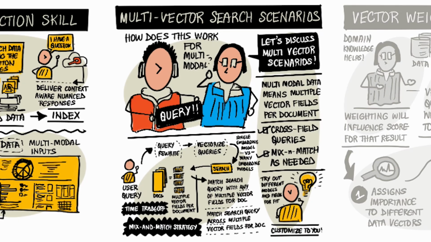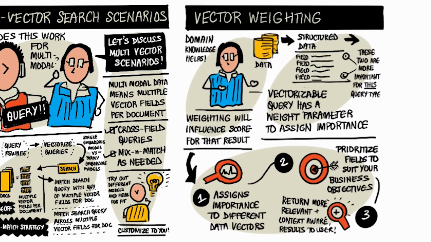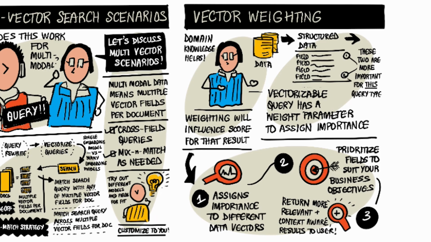Multimodal data means multiple vector fields per document. You can now use cross-field queries or mix and match results to get your optimal response quality. Plus, use vector weighting in your query to assign importance to the subset of fields that meets your user or business needs to prioritize quality of responses.